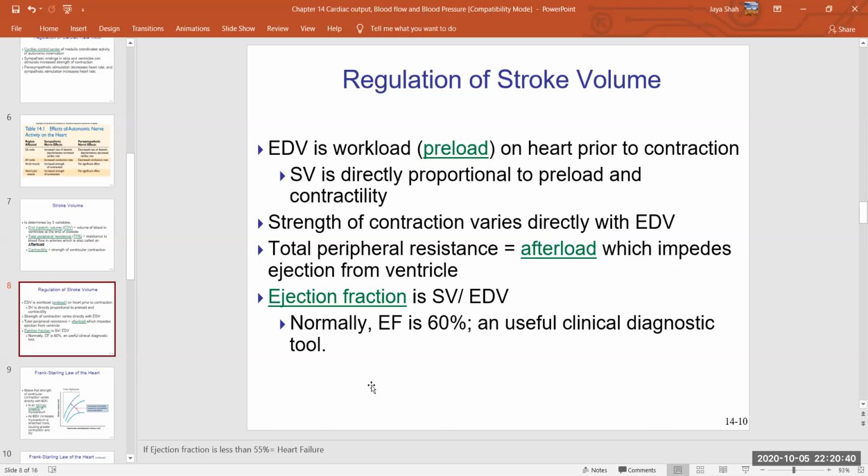Okay, so ejection fraction is how much blood is pumped out of how much blood was there at the end of diastole.